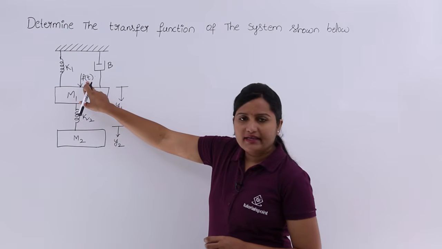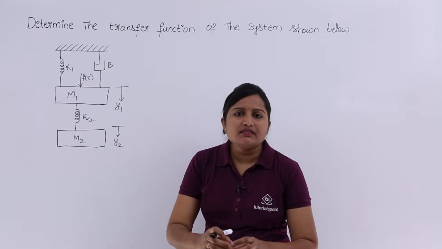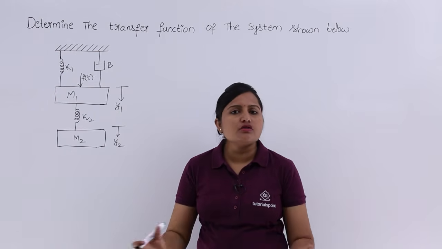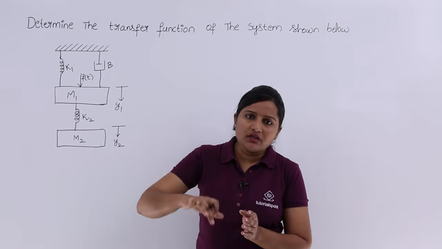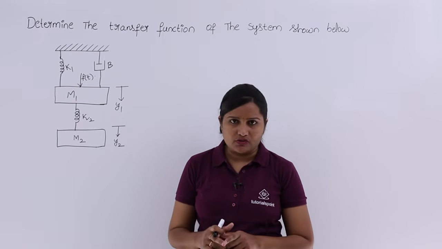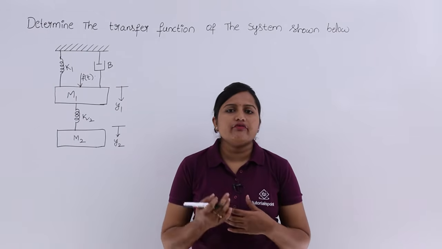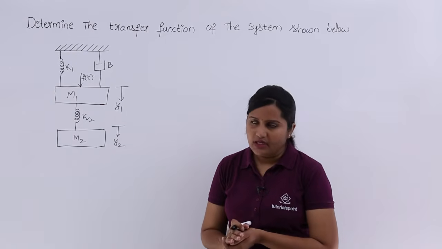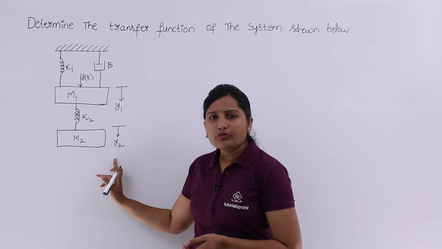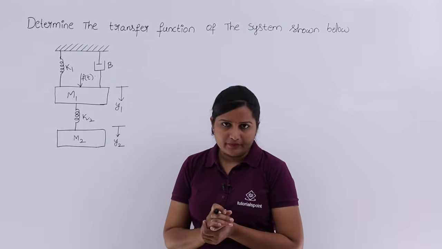Whenever we apply a force on this, we will get some opposing force from all those elements. That force may be applicable on internal elements also. According to that, we are going to derive the transfer function of this particular system. Here the output is y2 and the input is f(t).